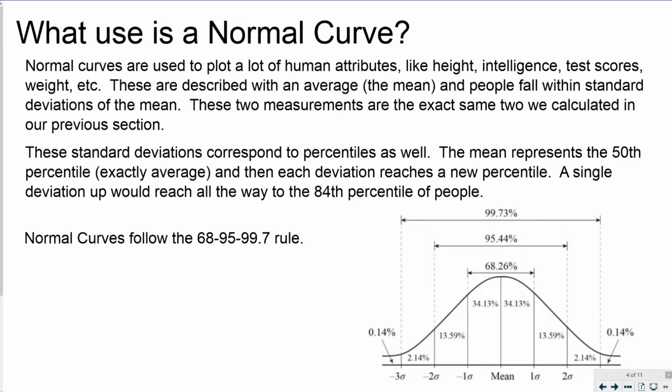And by the time you get to the third deviation, you're talking about 99.7% of all of the people. And that's the 68, 95, and 99.7 rule. Most people fall within one deviation, 68%. They fall within two deviations, 95%, and 99.7% of all people fall within 3 standard deviations of the mean.